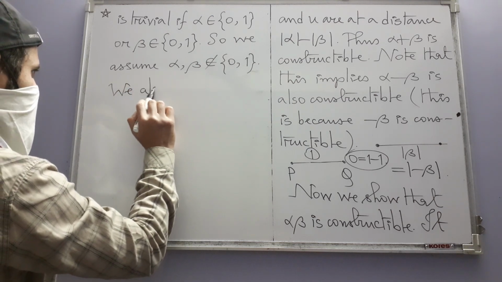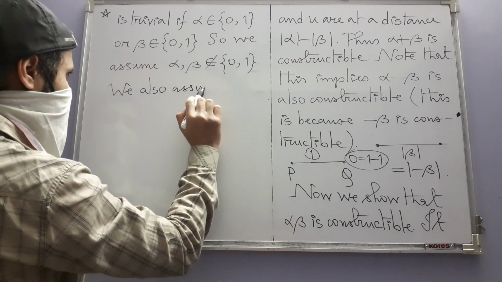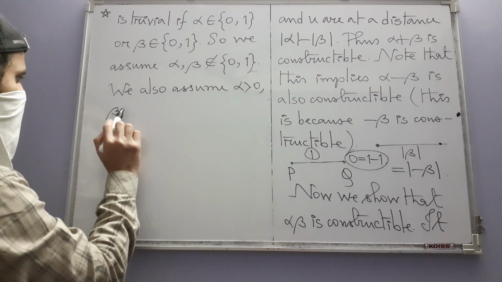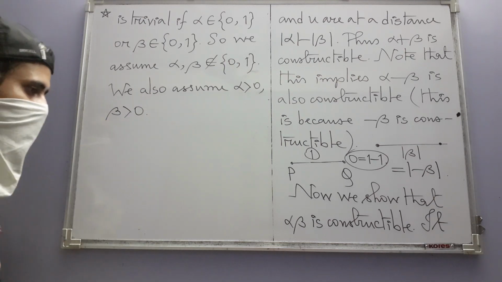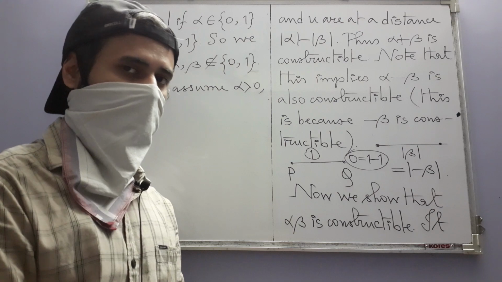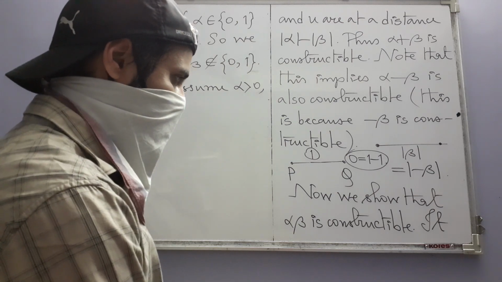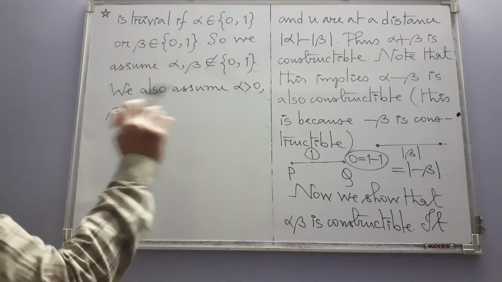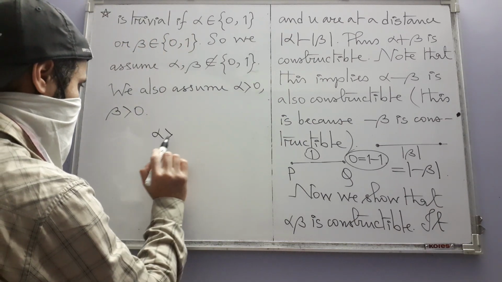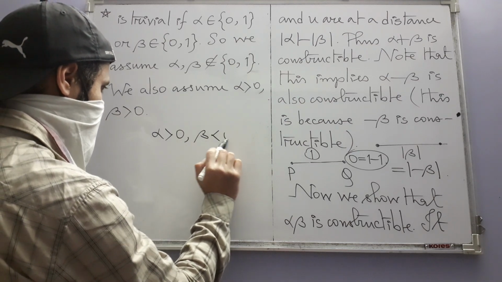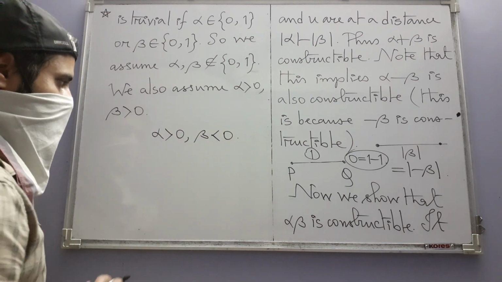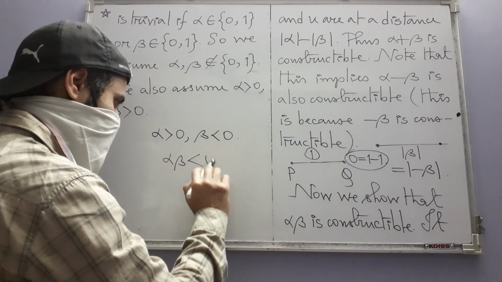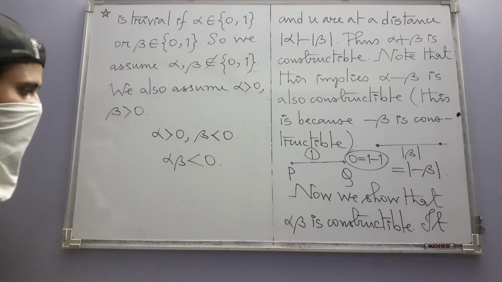We also assume that both alpha and beta are positive. Okay, why do we not have to consider negatives at all? That is because if, say, your alpha is positive but beta is negative, then you have the product alpha beta which is negative, right?